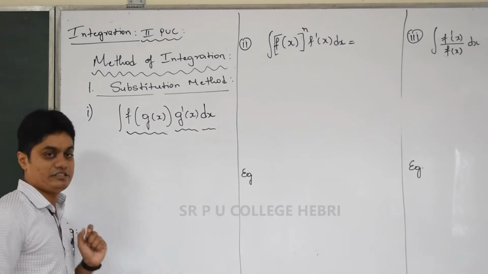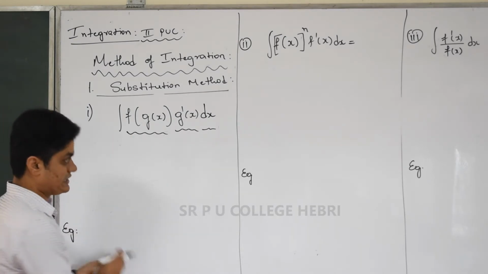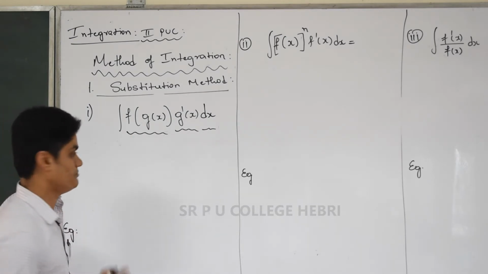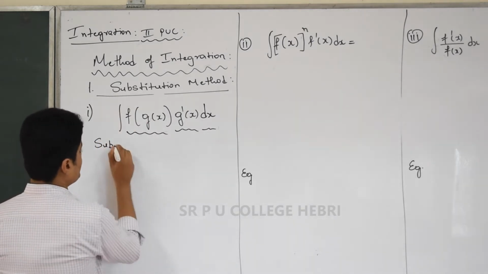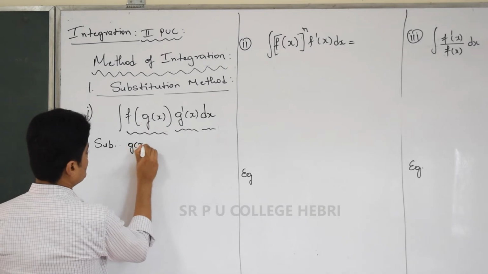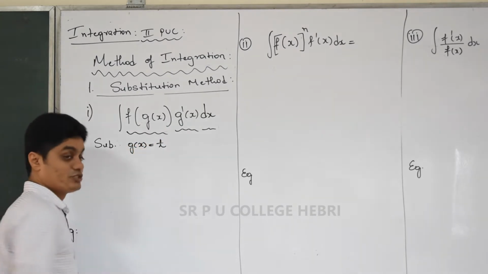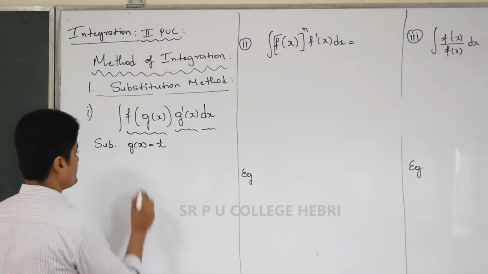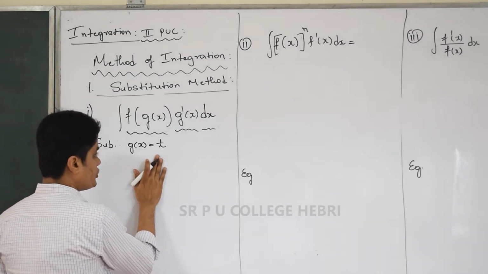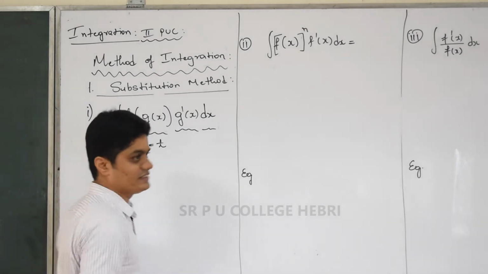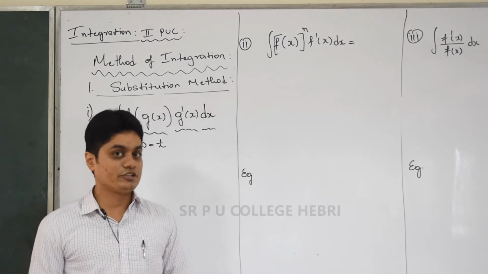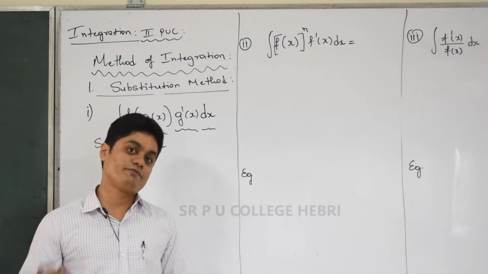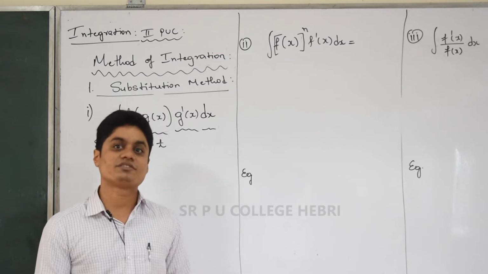Now I will show you how to solve this, and I'll explain it again with one example. Don't worry. First you substitute, as I wrote in the heading, the substitution method. So first substitute g of x equal to t. Remember, here you are going to use the derivative. For this reason I told you in the beginning that without derivatives integration is not possible, and if you are good in derivatives, integration is not difficult.